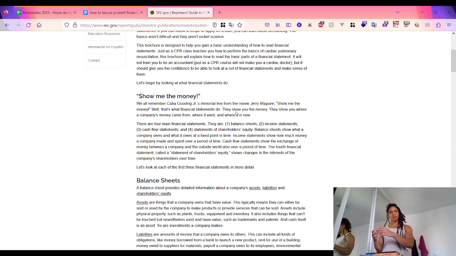In there you have something called fixed assets, which are not for sale or to convert into cash because they allow us to operate the business.